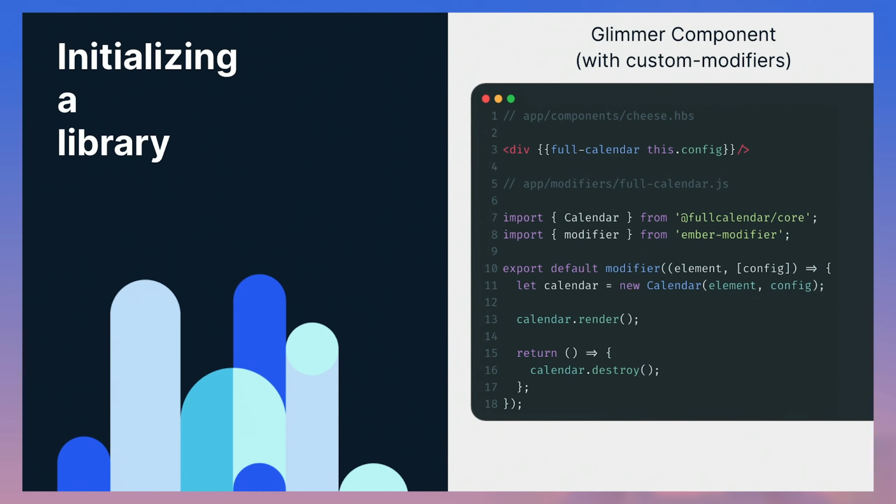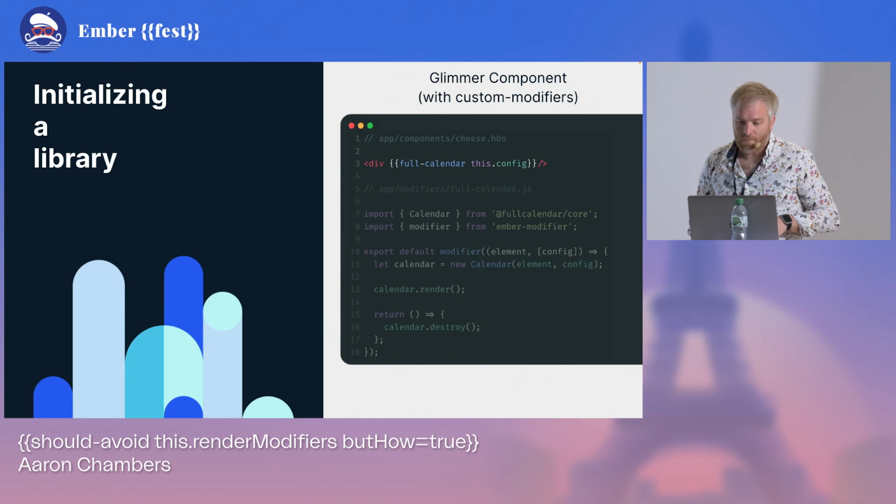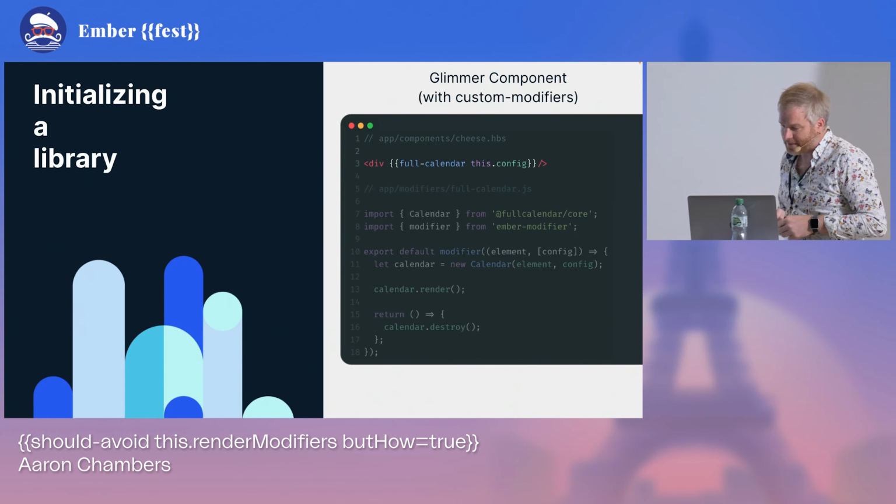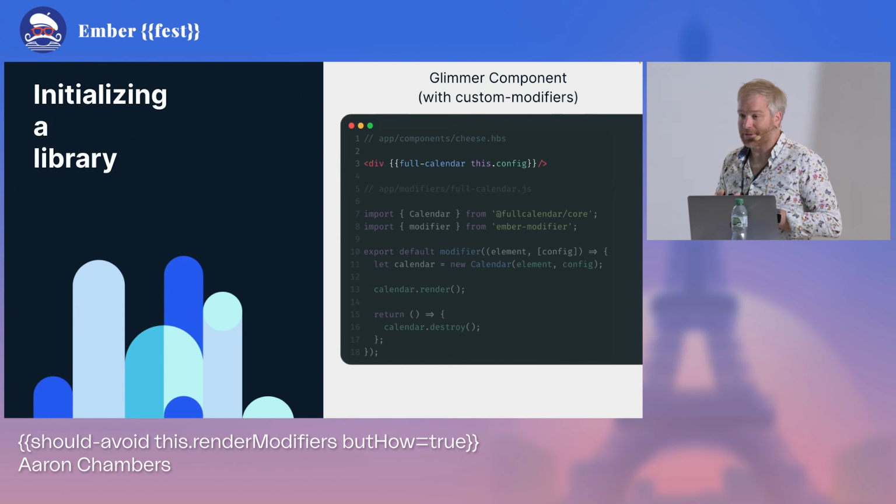So what's the modern alternative? Custom modifiers. They're really, really easy to build. You can imagine in this case, we don't even need a full calendar component anymore. We can just have a modifier. So no need for the component. The element that we attach the modifier to is passed to the modifier. And we can attach it to any element now. So we can turn anything we like into a calendar. We can reuse it.